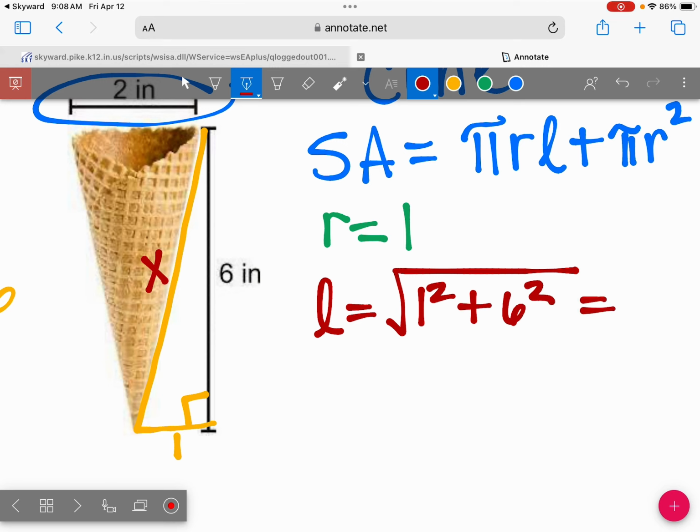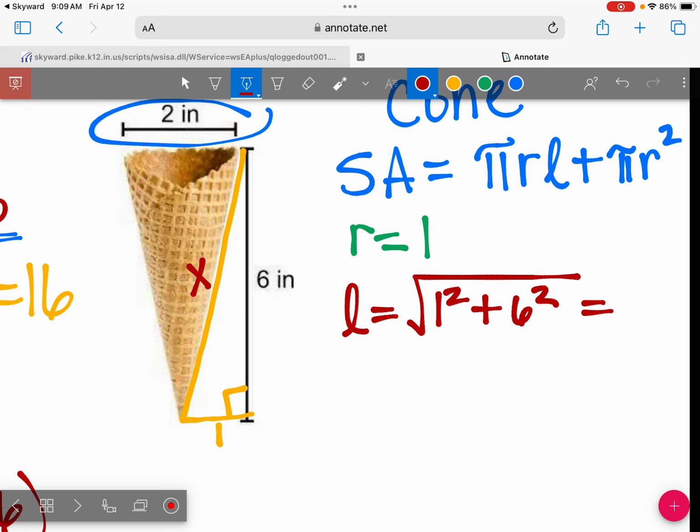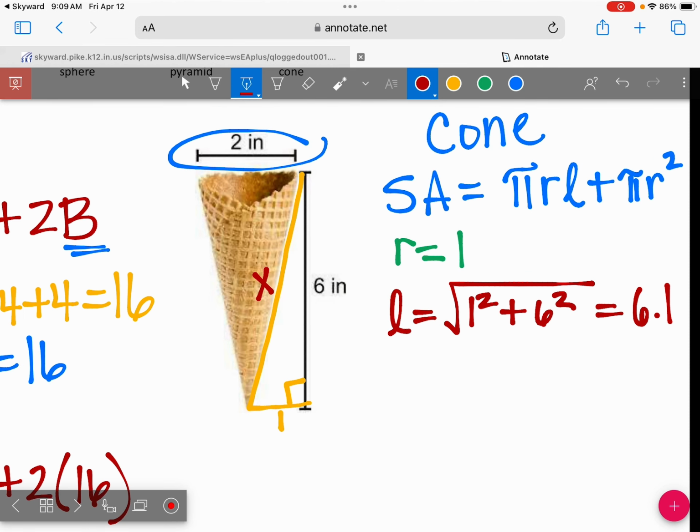So go ahead, type that in your calculator. Convert it to a decimal. So we're going to take the square root of 1 squared plus 6 squared, which is about 6.1.